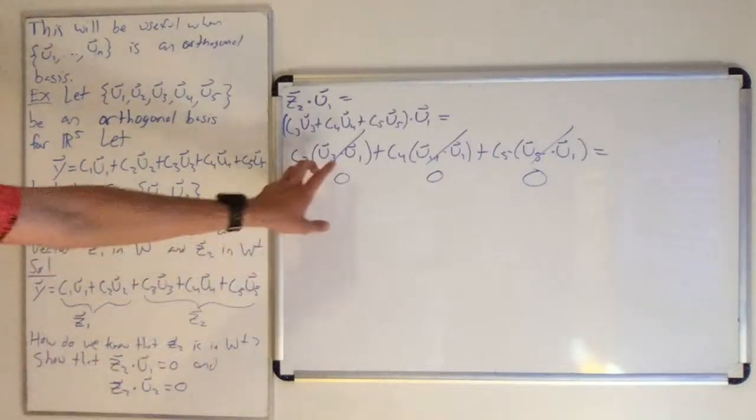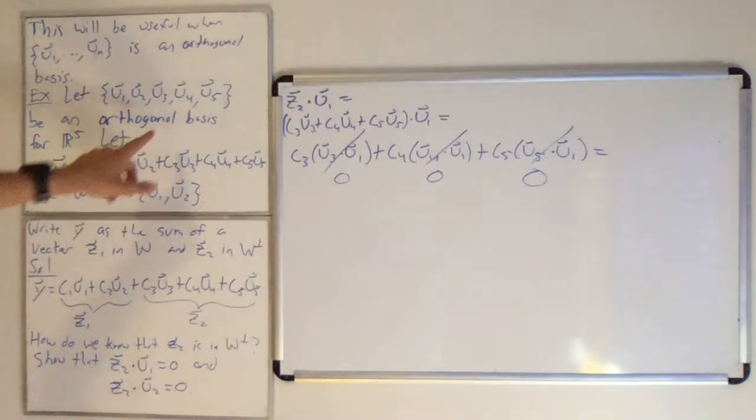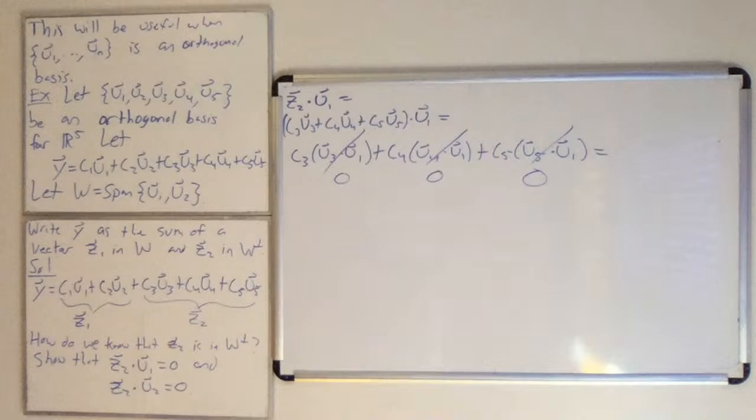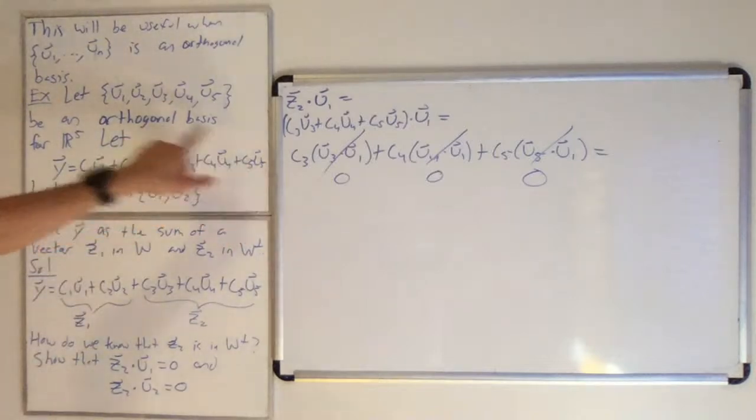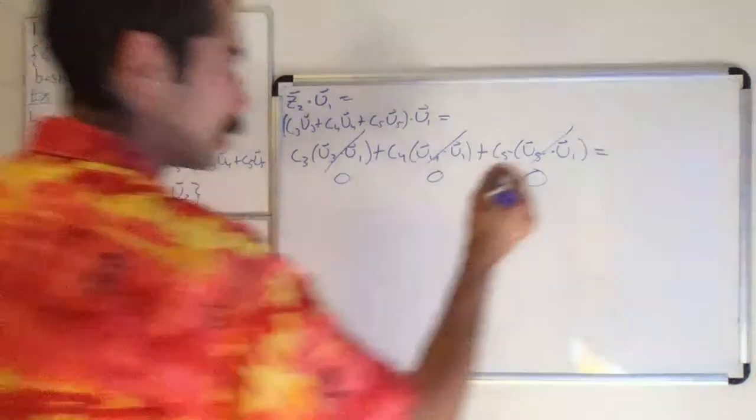So if we take the dot product of two basis vectors, then it's going to be 0 since we have an orthogonal basis. Right, so this is equal to 0.